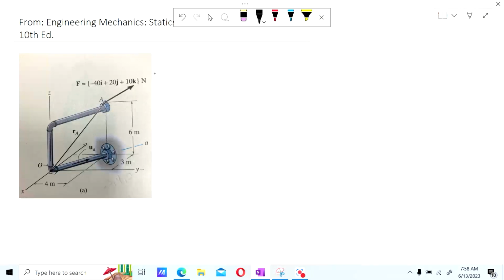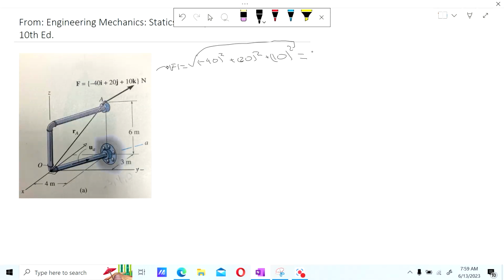If we wanted to calculate the magnitude, which we don't need to at this point, the magnitude of the force is equal to the square root of negative 40 squared, we know this by now, 20 squared plus 10 squared.